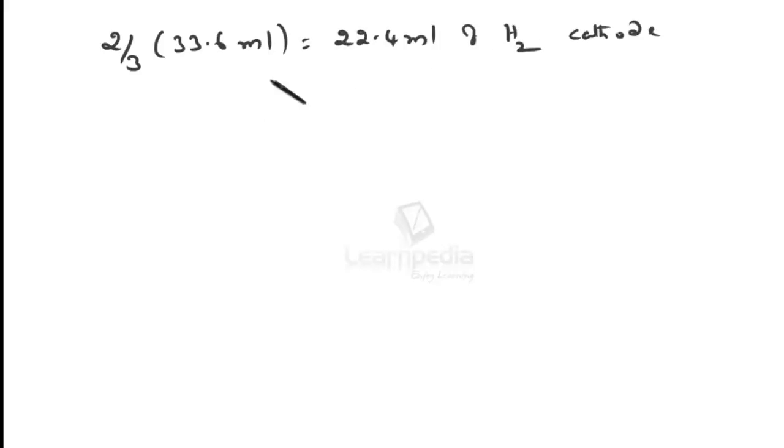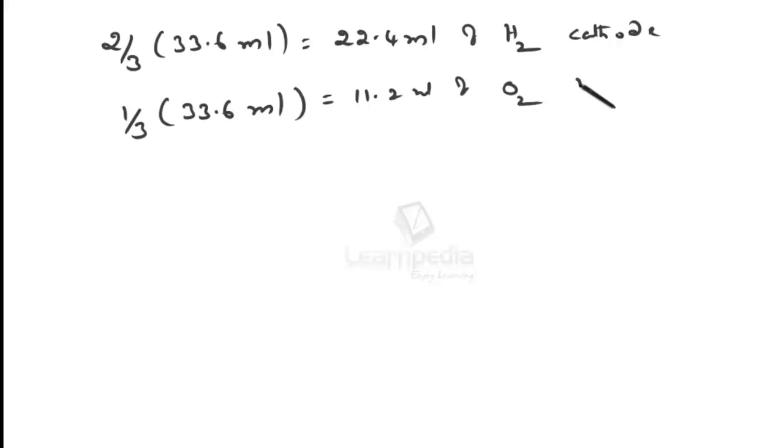So out of the 33.6 ml, 2/3 of it, that is 22.4 ml of hydrogen is liberated at cathode, while the remaining, that is 1/3 of total 33.6 ml, 11.2 ml of oxygen at anode will be liberated under similar conditions.